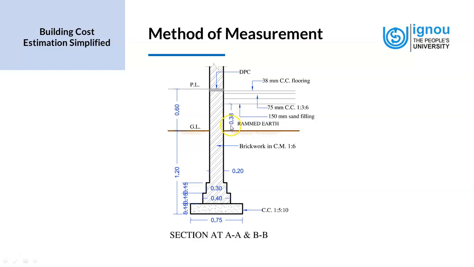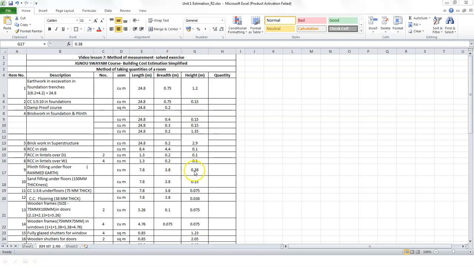So this is the thickness, this is the quantity that we take to our Excel sheet to find the total quantity of rammed earth. So we carry the 0.38 meters onto the item rammed earth: 7.8 into 3.8 into 0.38.